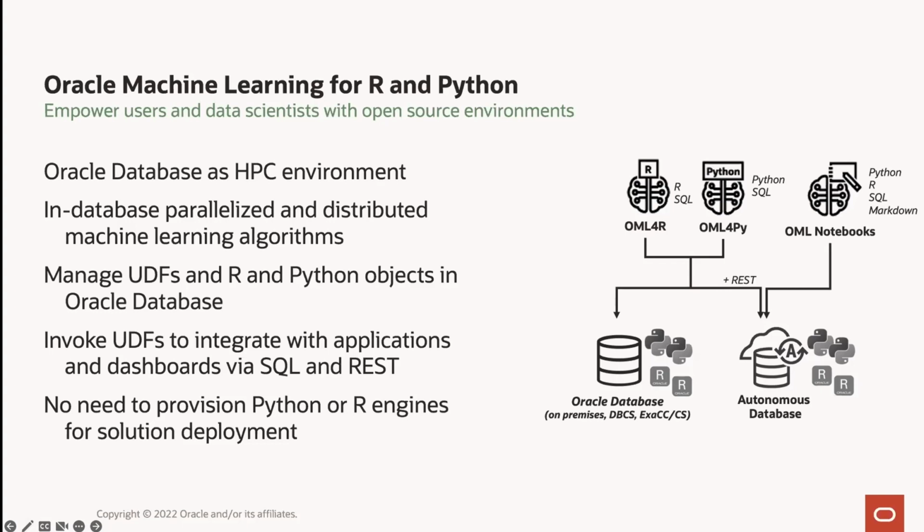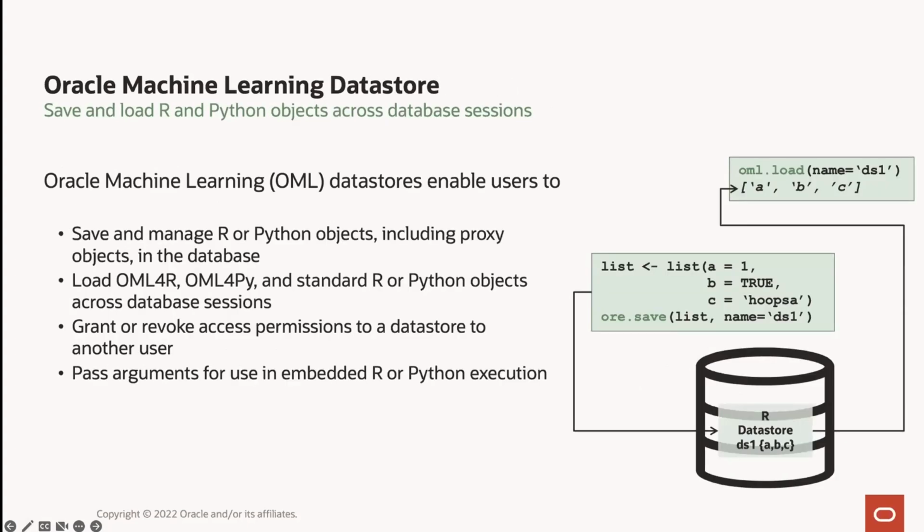Finally, users can invoke those user-defined functions using the SQL and REST APIs to integrate those results with applications and dashboards. So now let's move forward into the Oracle Machine Learning Datastore.